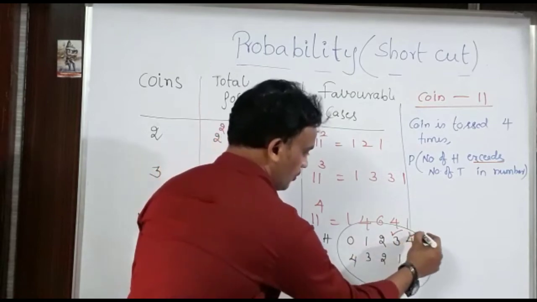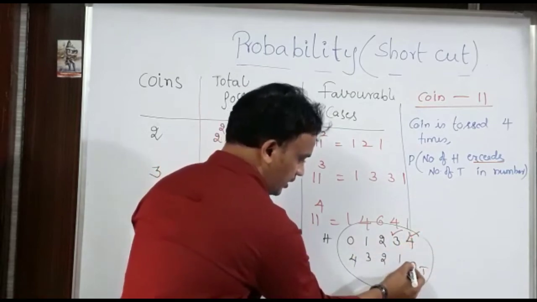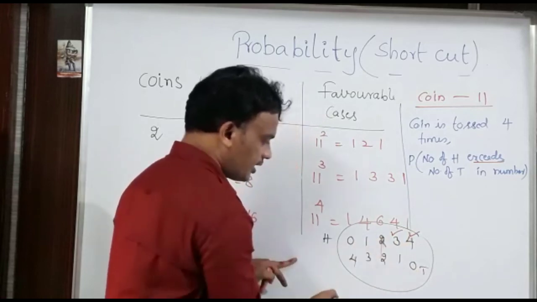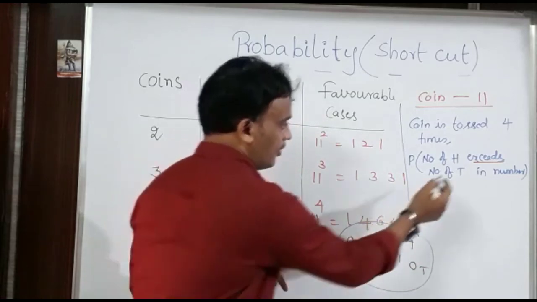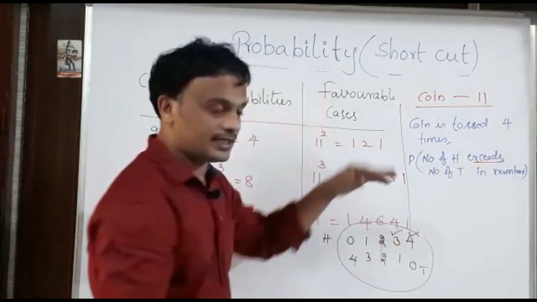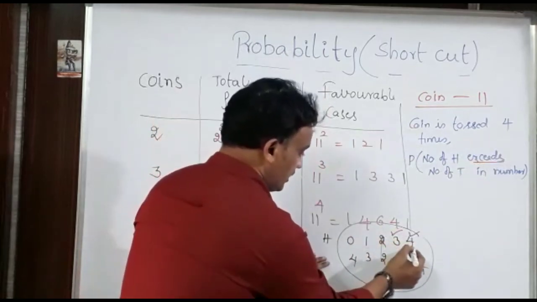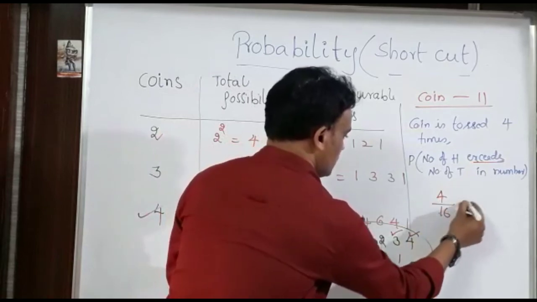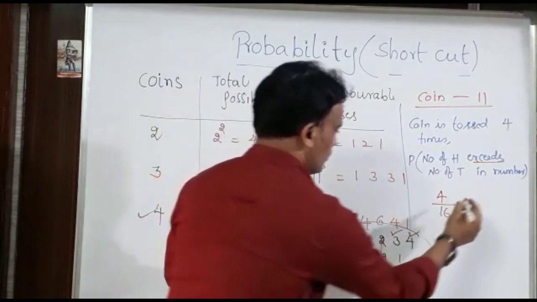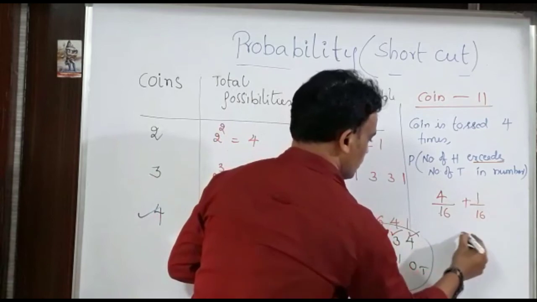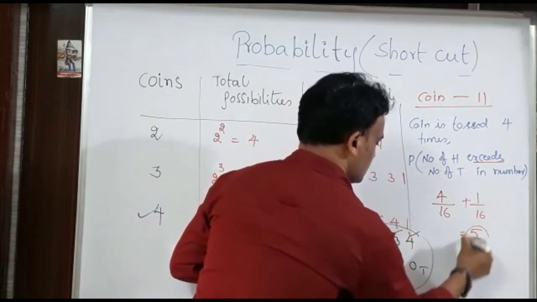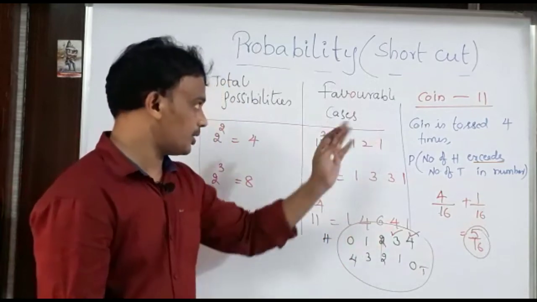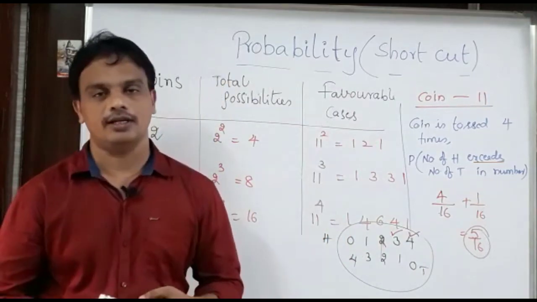Number of heads is 4, and the number of tails is 0. In the equal case, the number of heads and tails are equal, and in the other cases heads are fewer. I want the number of heads to exceed. So the favorable cases are 4 chances out of 16, and in this case 1 chance out of 16. Total it is 5 by 16. So easily you can get it within a fraction of seconds by using the secret of a coin and (1+1) expansion.